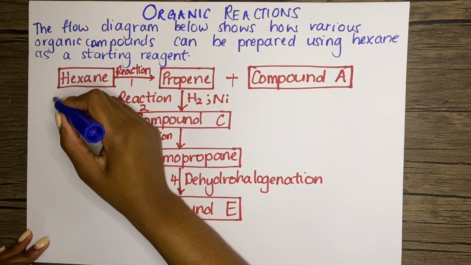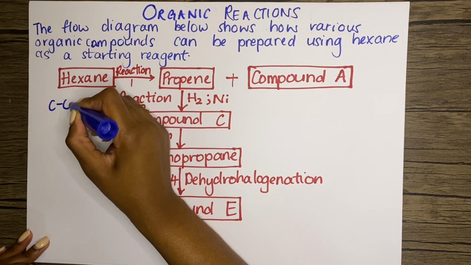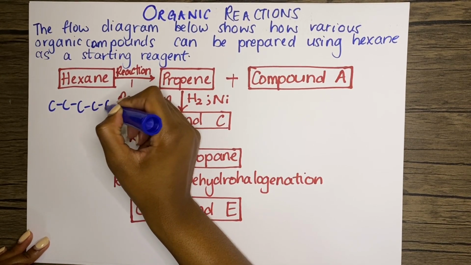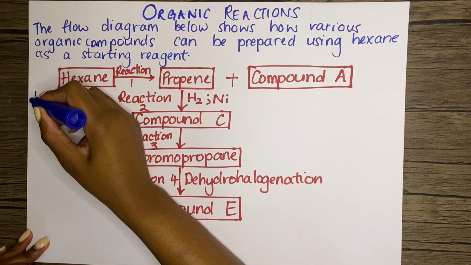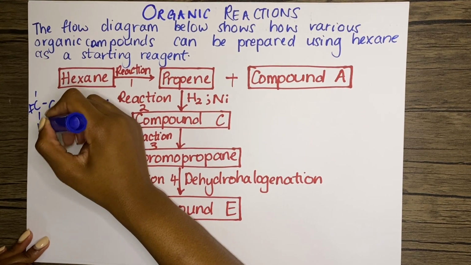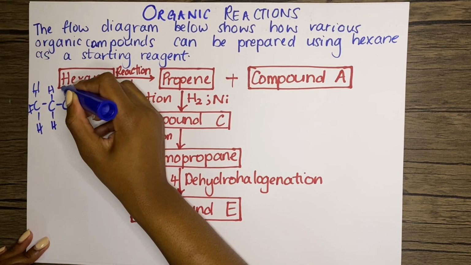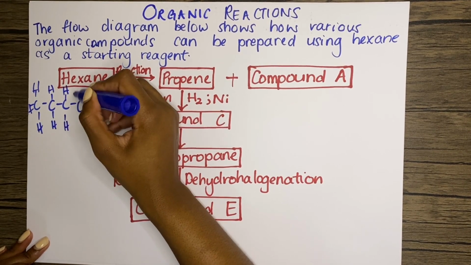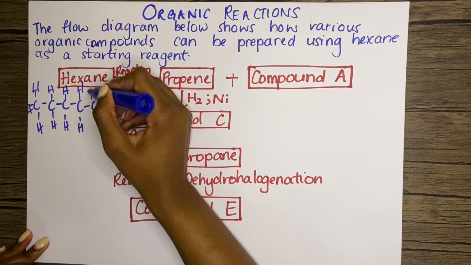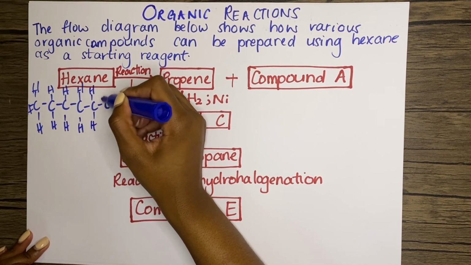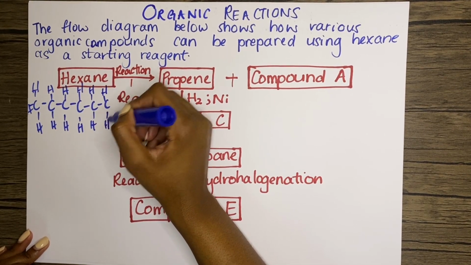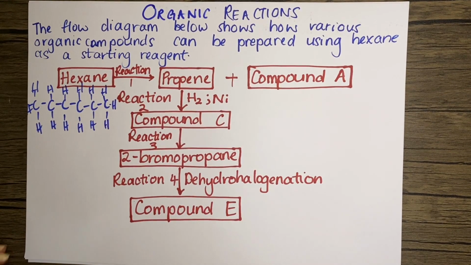Hexane is an alkane with 6 carbons and 14 hydrogens. This would be the structural formula of hexane, right?